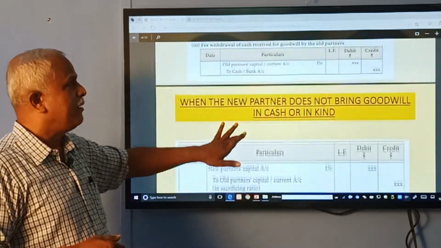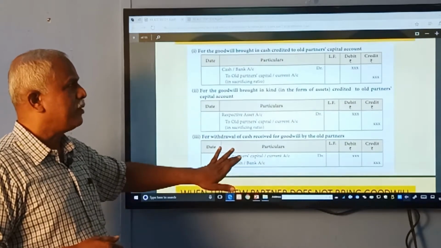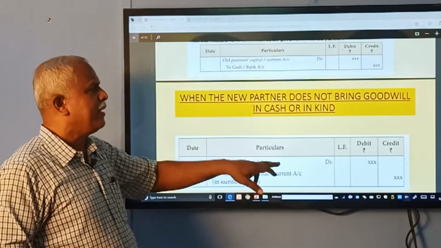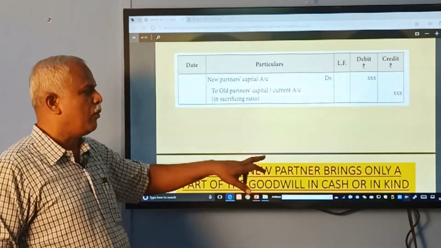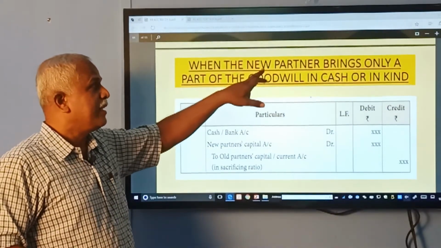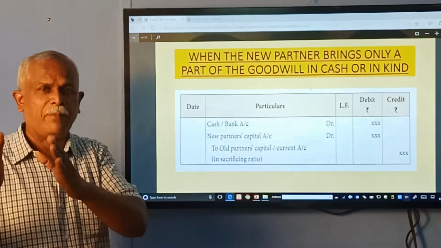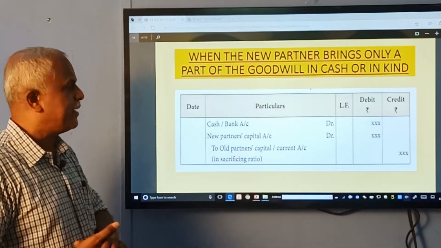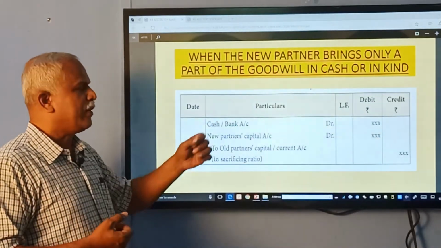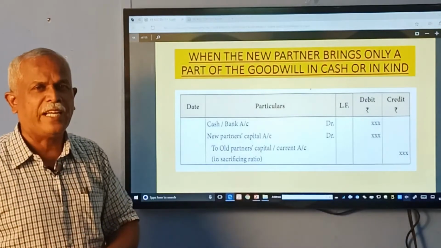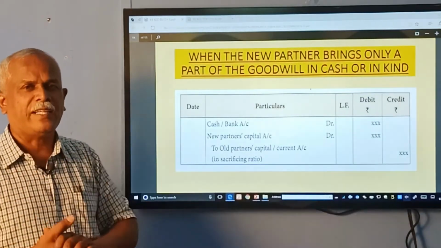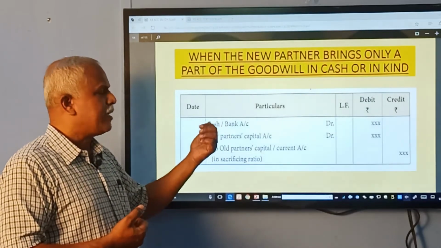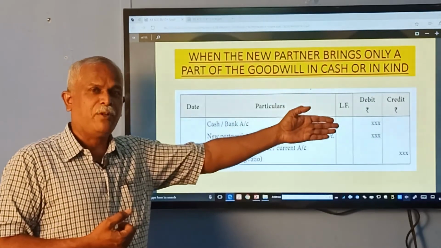Initially, we saw when he is able to bring cash towards goodwill share, and next is when he is unable to bring goodwill in cash or kind. Now, if he brings only a part of the amount as cash, how is it treated? Let us say he has to bring in 25,000, he brings only 10,000. So, whatever comes, cash or bank account is debited 10,000, and he is unable to bring 15,000.